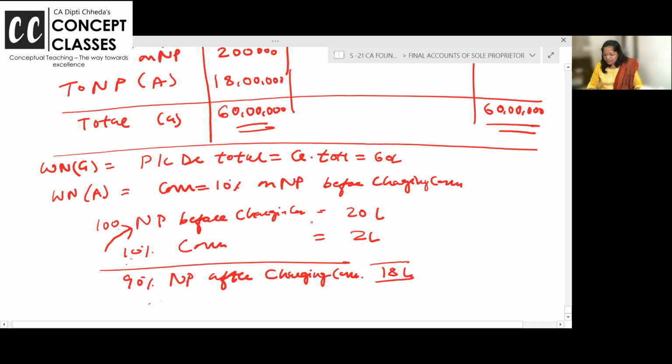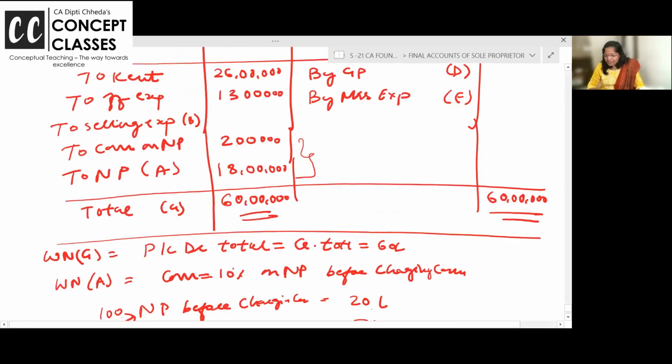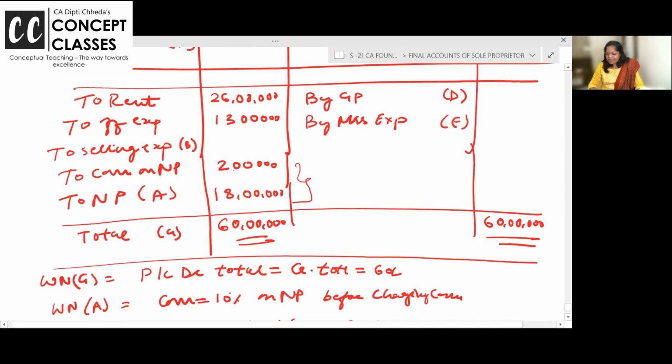Net profit before charging the commission, let it be 100. Commission be 10 and after 90. Now 10 is 2 lakhs. 100 will be 20 lakhs and 90 will be 18 lakhs. So net profit is 18 lakhs, commission is 2 lakhs. Or before commission, definitely the net profit must have been 20 lakhs. Don't do everything in the calculator because it seems very easy, and write in working notes, please.